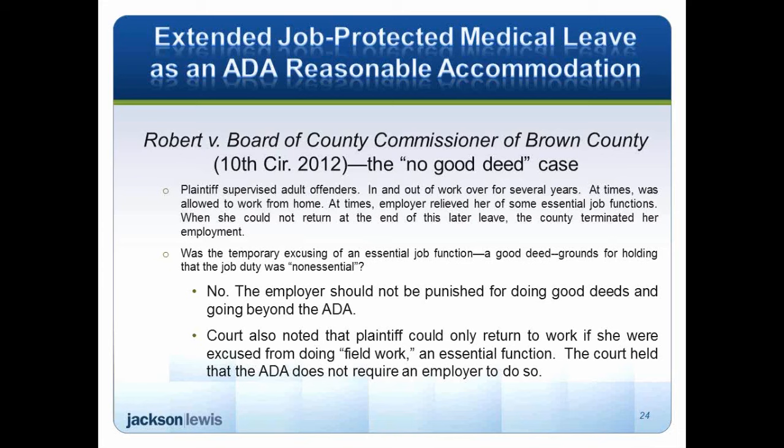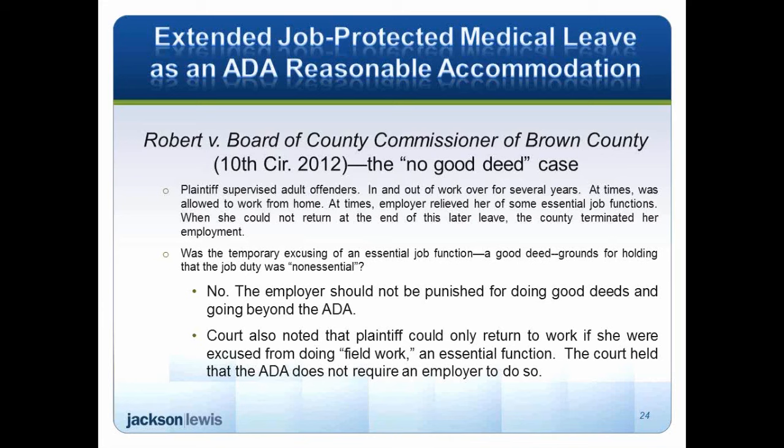In the Robert case, the individual had supervised adult offenders, and she had been in and out of work for several years. Due to a condition she had, the employer did allow her to work from home, and telecommuting can be considered a reasonable accommodation.